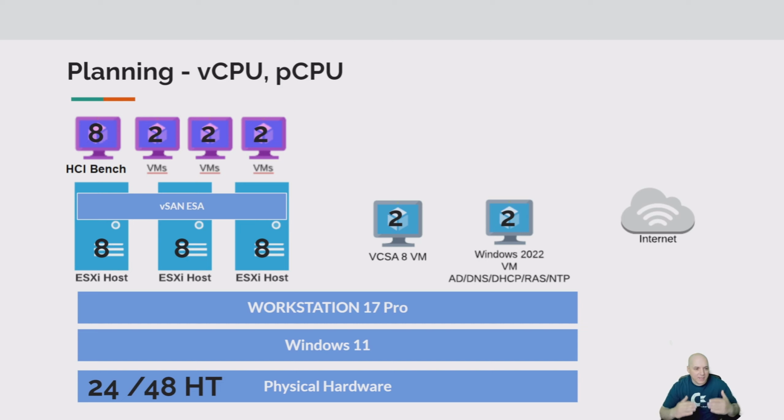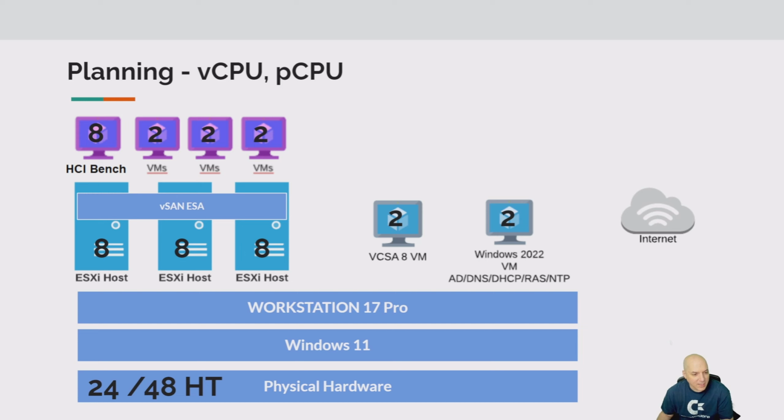And as we move up the stack, I set up each host with 8 cores each, right? For the ESXi host, 2, as you can see, for the VCSA, 2 for the Windows server. And then, as you can see above, the HCI Bench and its worker nodes can use a range between 8 and 2 vCPUs. So that's something to think about when you're planning this out.